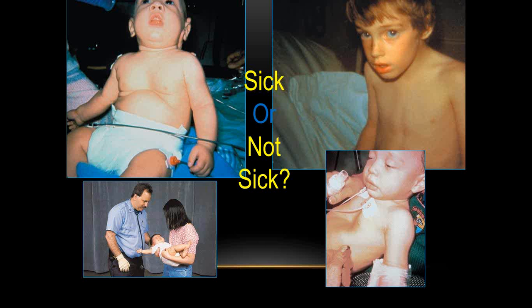Looks like he's sitting right on the edge of the bed as opposed to laying back on the bed. So I'm thinking his positioning there has me a little bit concerned. I can't really tell if he's working to breathe, but just based on his position, he may be. So I'm going to call this kid sick until I can absolutely prove otherwise, but I'm going to call him sick.